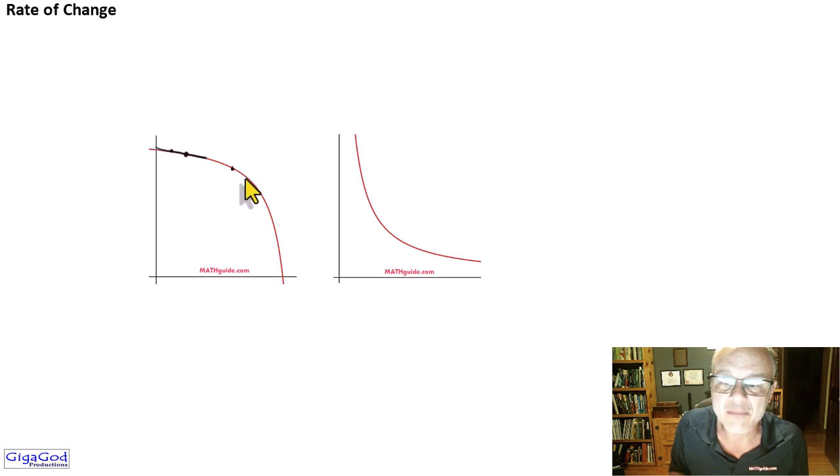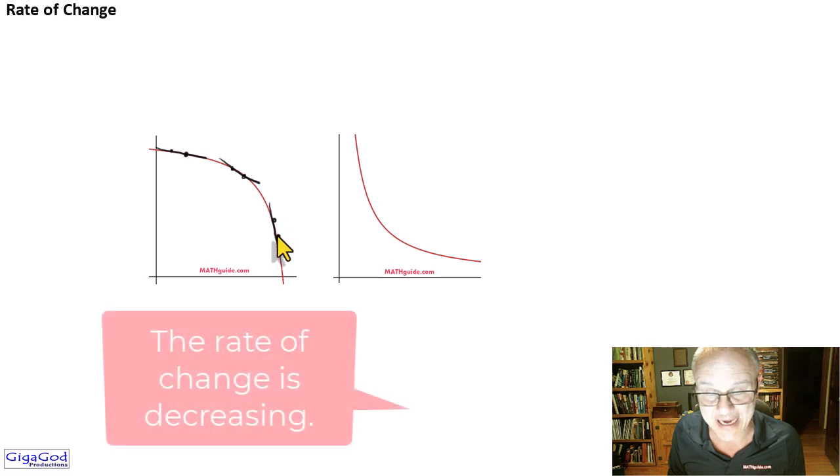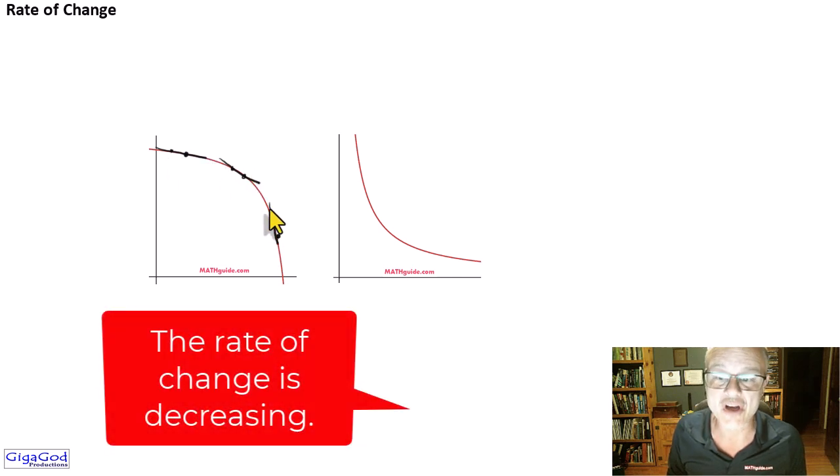If I grab these 2 points, draw a segment, you can see that definitely is a negative slope. This is a negative slope, but this one's more negative. And then this one's going to be even more steep in a negative direction. So you go from a slope of almost zero to very negative slope. These slopes are going down. So the rate of change is decreasing.